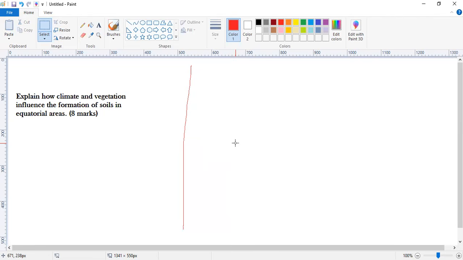All right, notice it is for 8 marks. So more than likely, the examiners will probably give 4 marks when you talk about the climate, and 4 marks for talking about the vegetation and the way that they influence the soil.